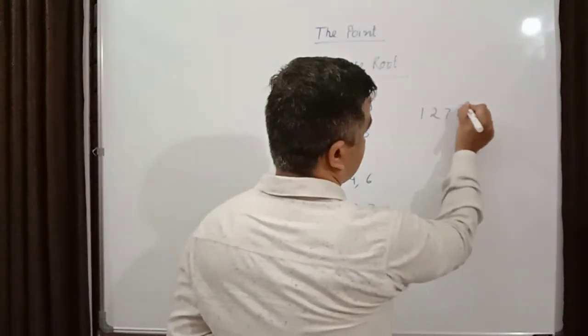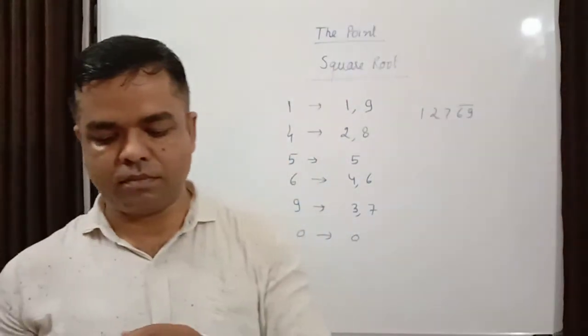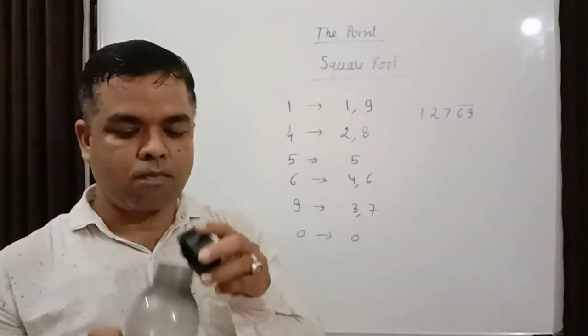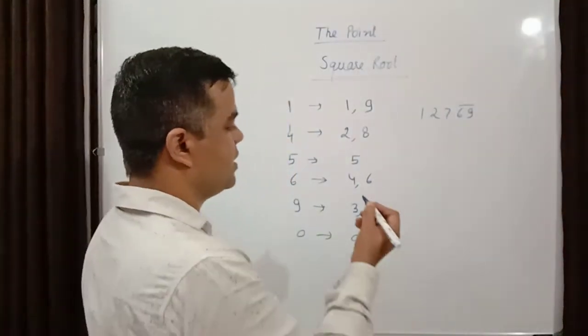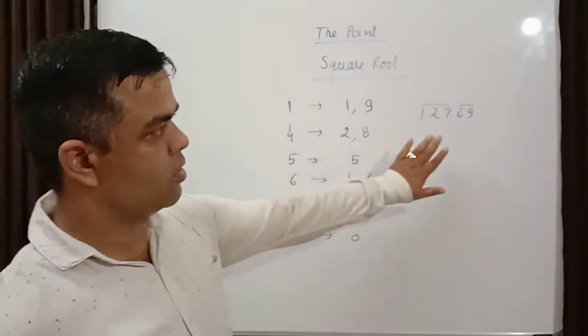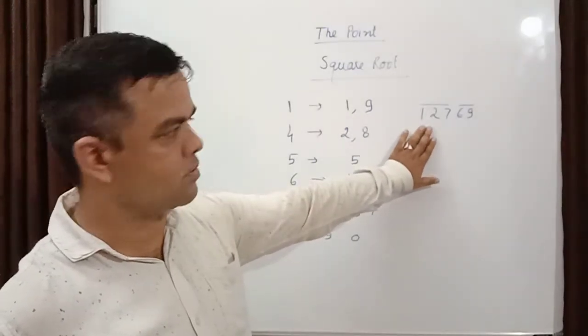Make one pair. Just pay attention. Make one pair and leave the other digits. You have made one pair. Three digits you have left like this only.